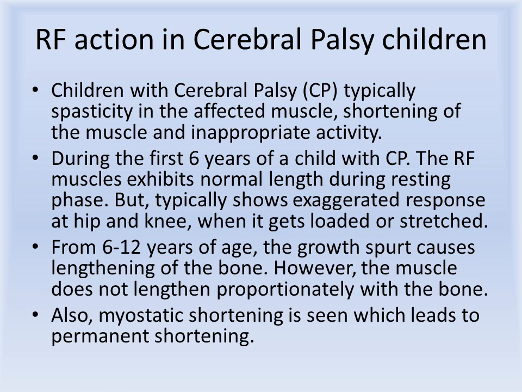However, kids from 6 to 12 years of age show a growth spurt, and that causes lengthening of the femur, but the muscle fibers of the rectus femoris do not lengthen according to the bone. That causes disproportion and also leads to myostatic shortening, that is, the muscle fibers remain shortened, and that may lead to permanent shortening or contractures.